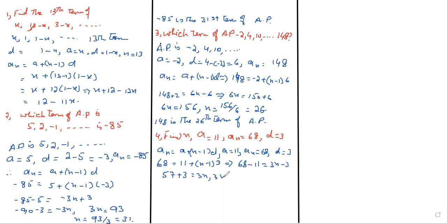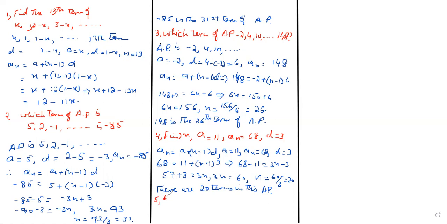So 3n equals to 60 and n equals to 60 over 3, which is equals to 20. So there are 20 terms in this AP. Come to the next question now. Question number 5.